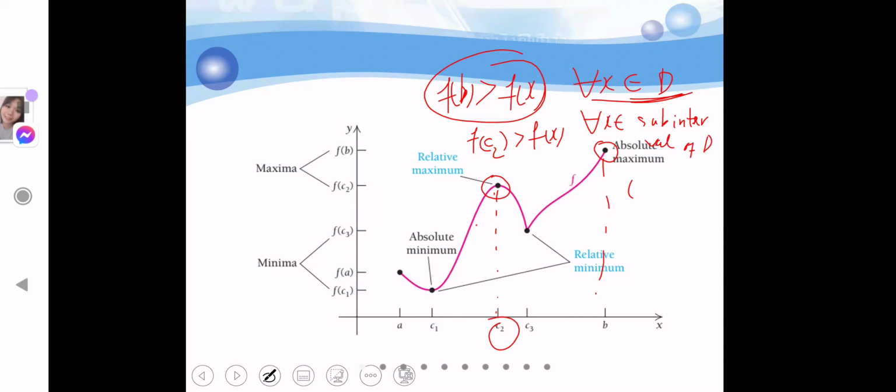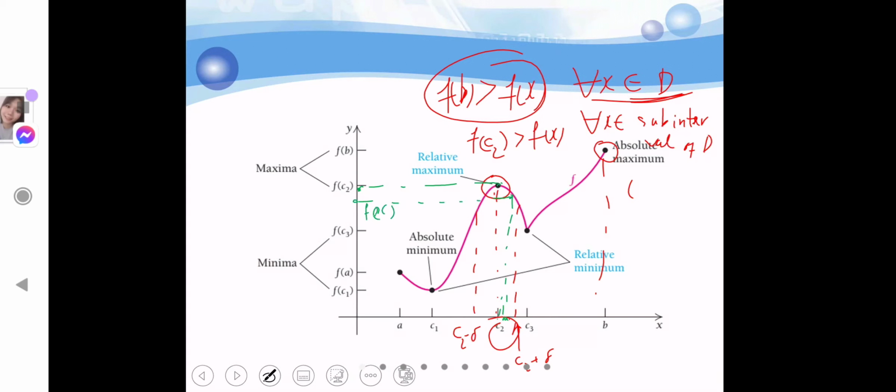That means we say the neighborhood of C2, from C2 minus delta to C2 plus delta. In this interval, we take the x in here, the value of the given function at C2 is less than the value of the given function at f(x) in here.